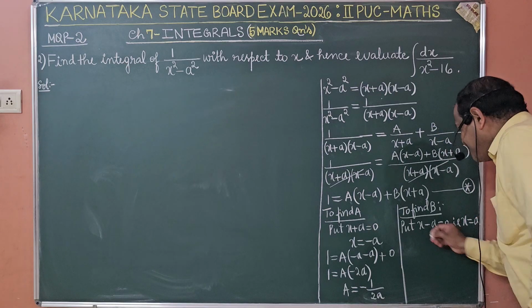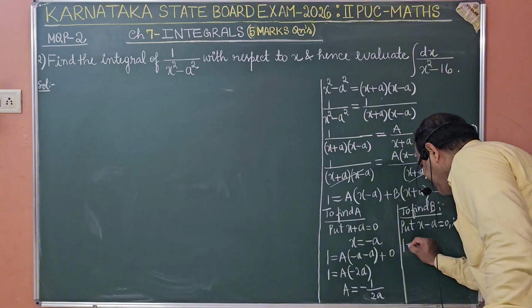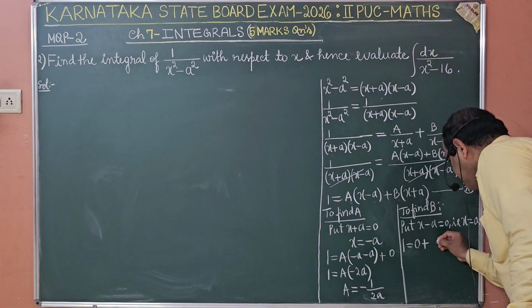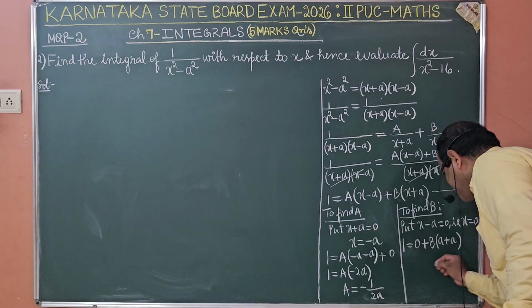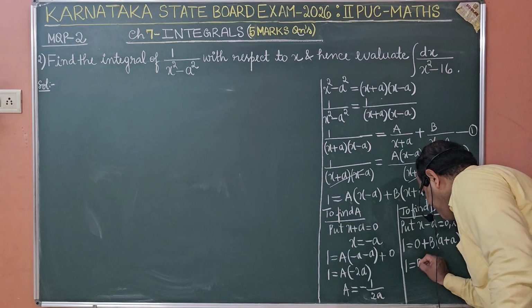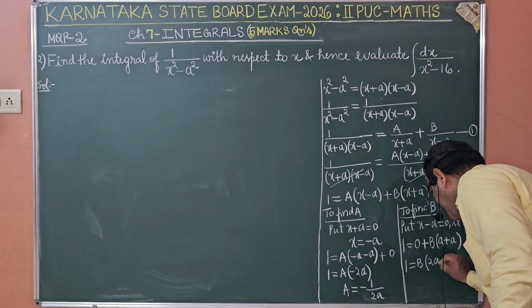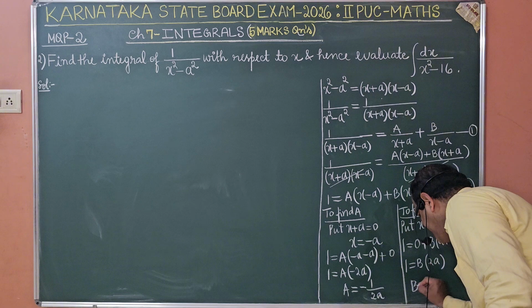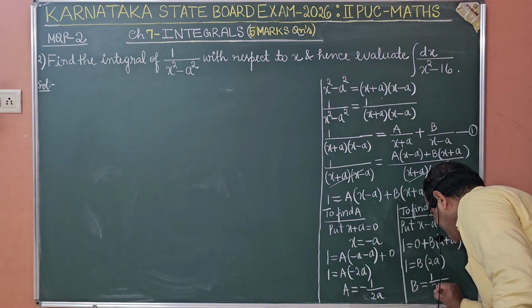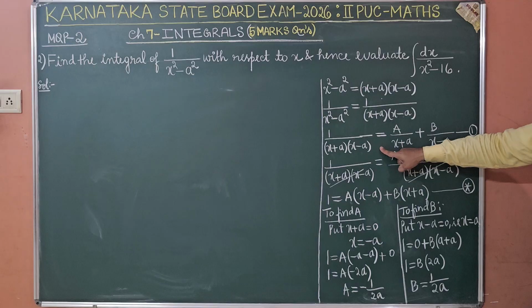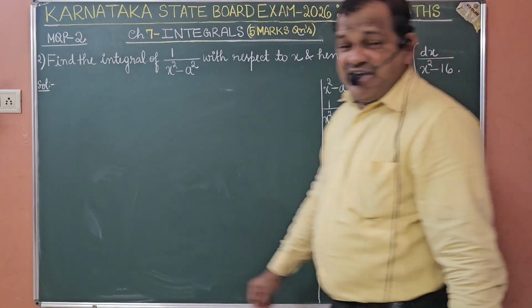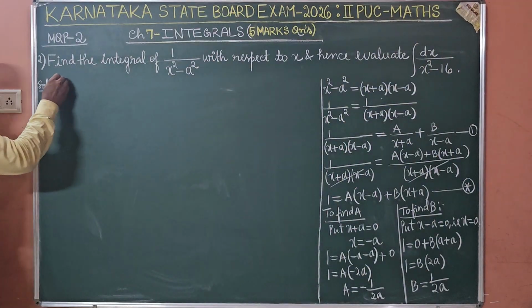When you put x equal to a, it will become 1 equal to 0 plus B into, say x is a, plus a. That is 1 equal to capital B into 2 times small letter a. Therefore, capital B is 1 by 2 times small letter a. With these two unknowns, I will substitute back in equation 1 and I will start my question over here.